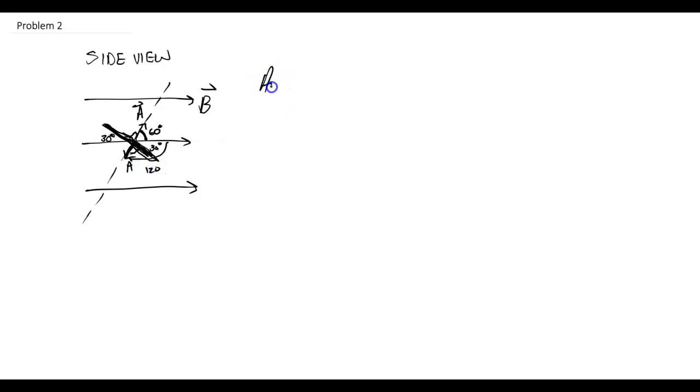So the area surface is at either 60 degrees or 120 degrees from the direction of the magnetic field, sorry.